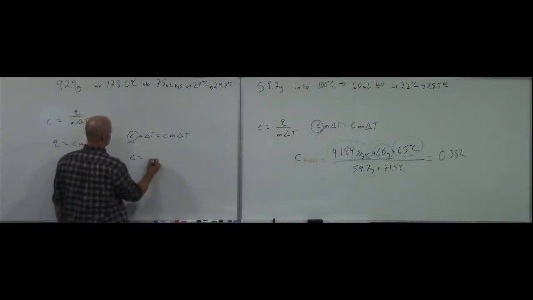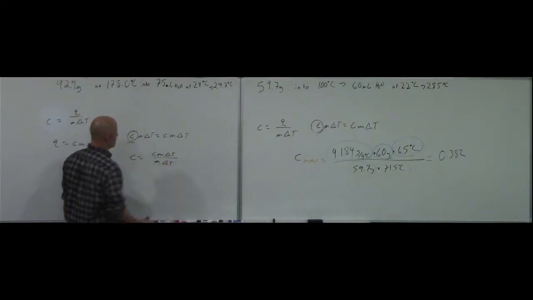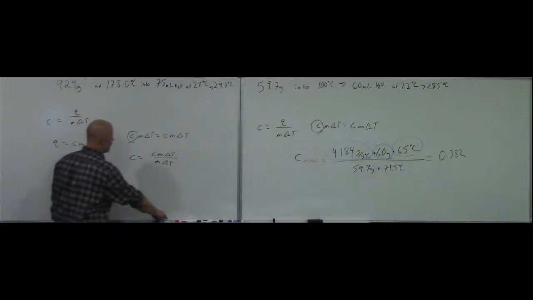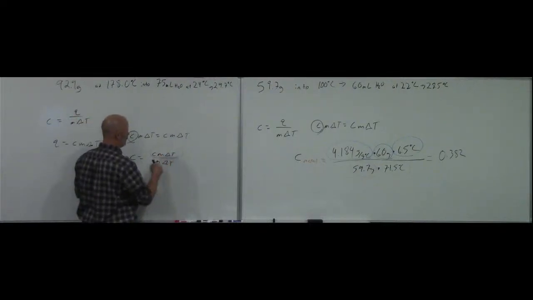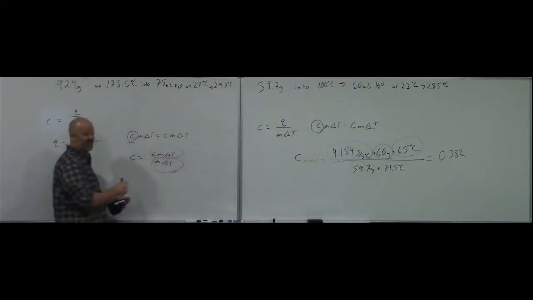So I get C equals C M delta T over M delta T, right? My water's up top, my metal's on bottom. All I have to do is plug those numbers in and I am there.